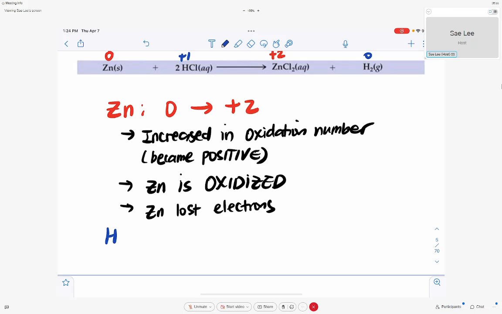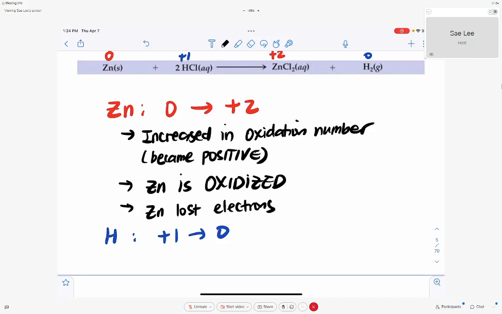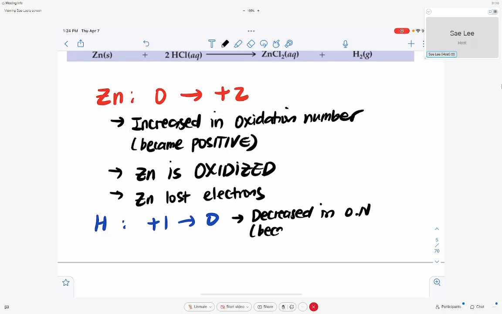So in this case, hydrogen decreased in oxidation number. Hydrogen became negative. Okay, hydrogen is reduced. Hydrogen has gained electrons.